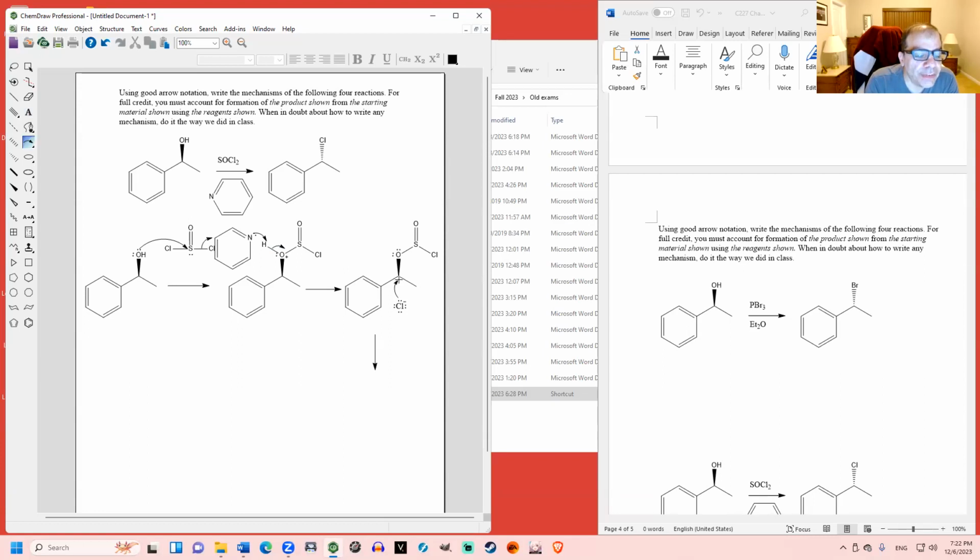So the reason that this is such a good leaving group is because we make a molecule of SO2. That part of the molecule makes SO2. Ooh, I forgot my lone pairs on sulfur in both cases. That's better. The sulfur does need to have a lone pair to be correct.